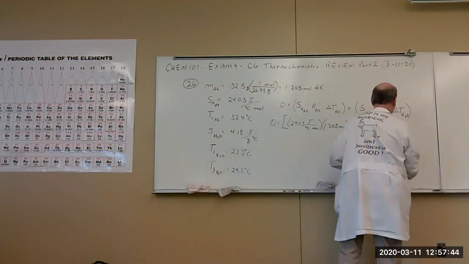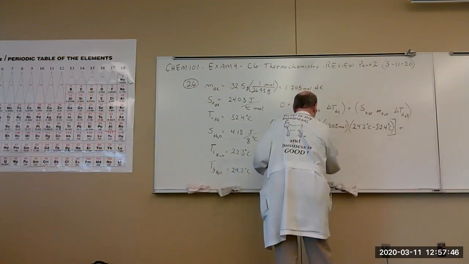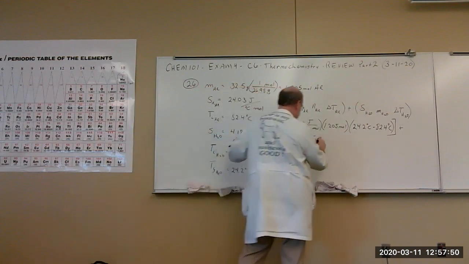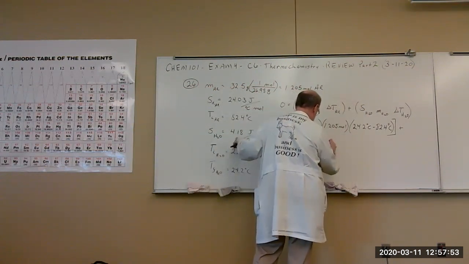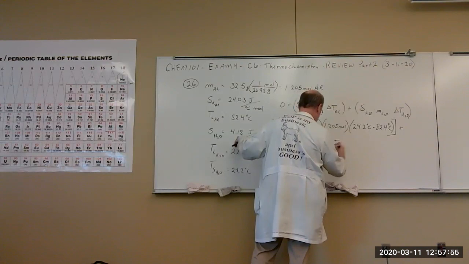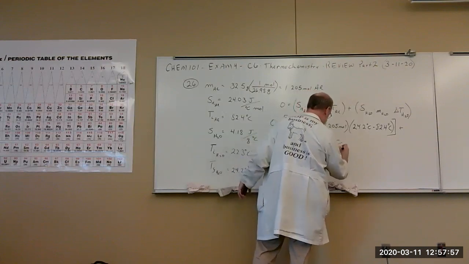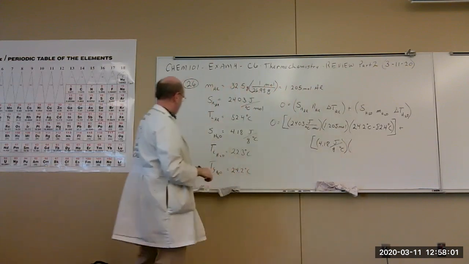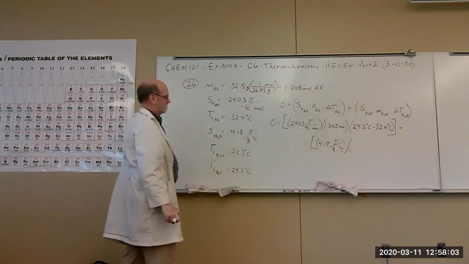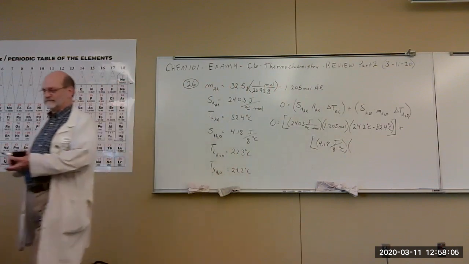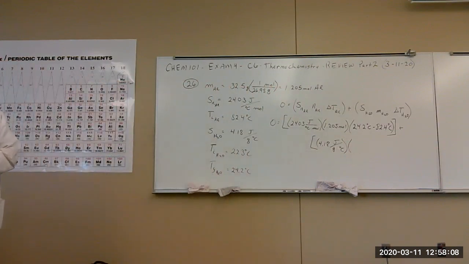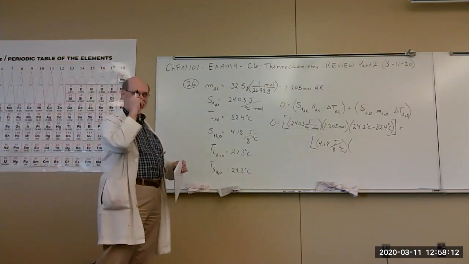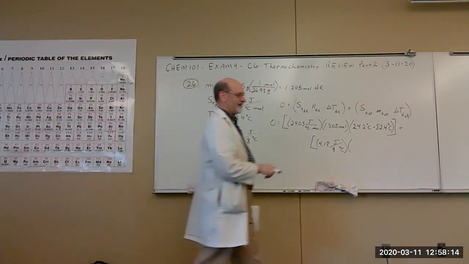Now we need the expansion for water. So the specific heat for water is 4.18 joules per gram degree C. What's the mass of water? That was the question. We don't know the mass.